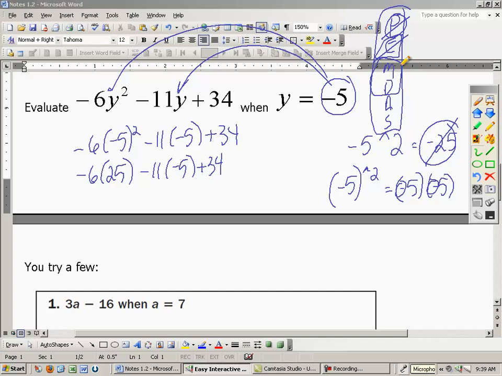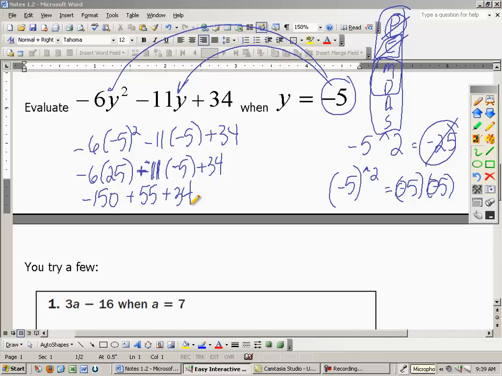First we're going to do negative 6 times 25, which is negative 150. And now we're going to do this: subtract 11 times negative 5. Subtracting 11 really says to add negative 11 times negative 5, and negative 11 times negative 5 becomes positive 55. And then we're going to add 34 to that. Okay?